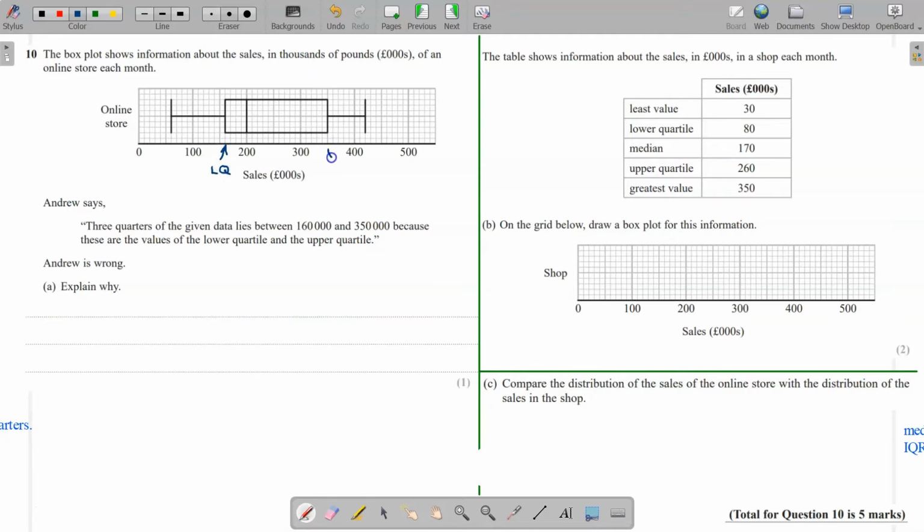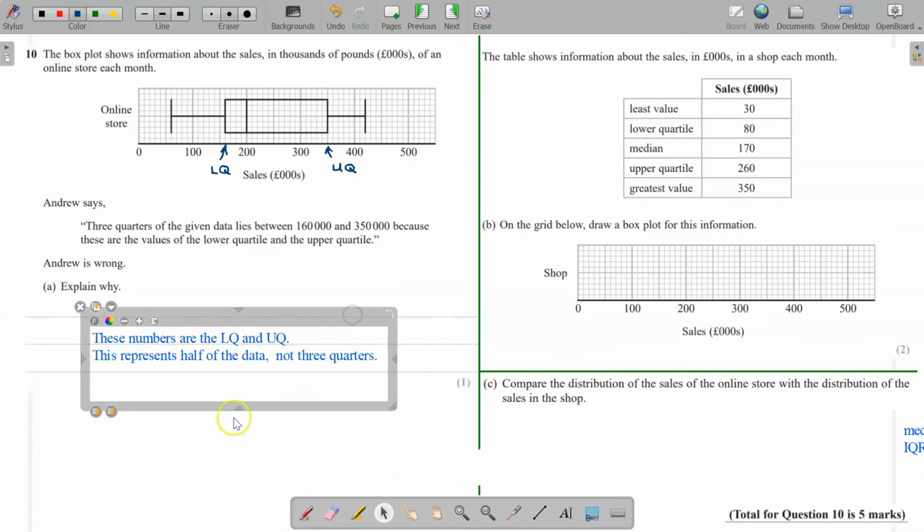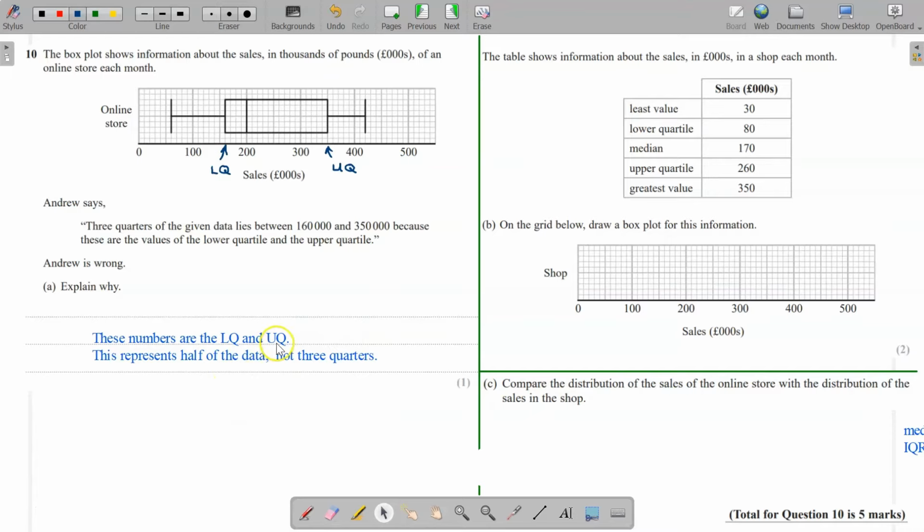Between those two lie the middle 50% of the data. Now what he's saying is that 3/4 of the data is there. So what we should do is something like this. I've already typed it earlier to save a bit of time. So these numbers are the LQ and UQ. This represents half of the data, not 3/4. That would get you the mark.